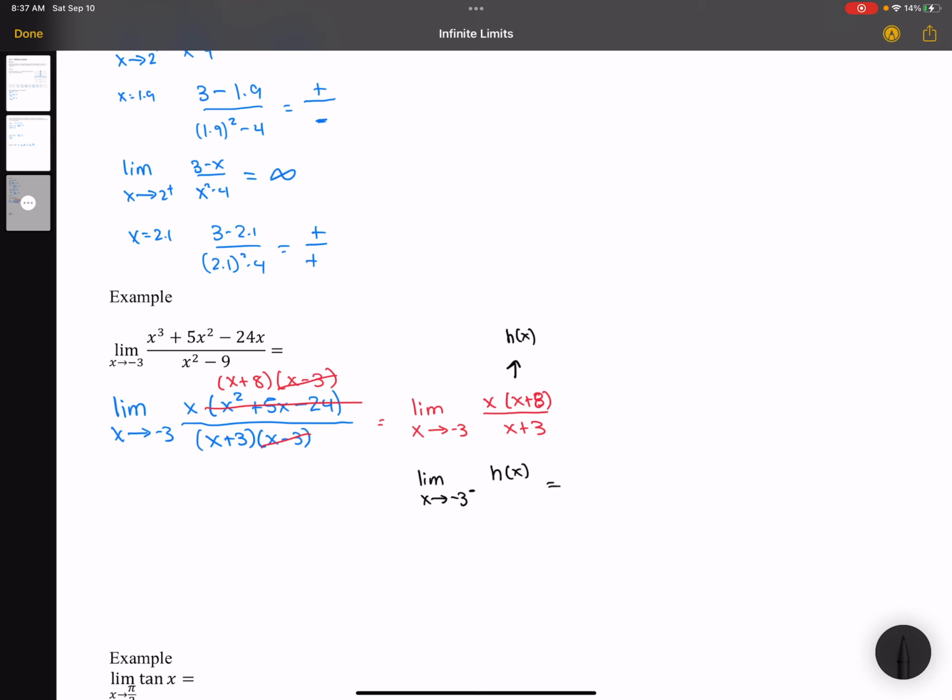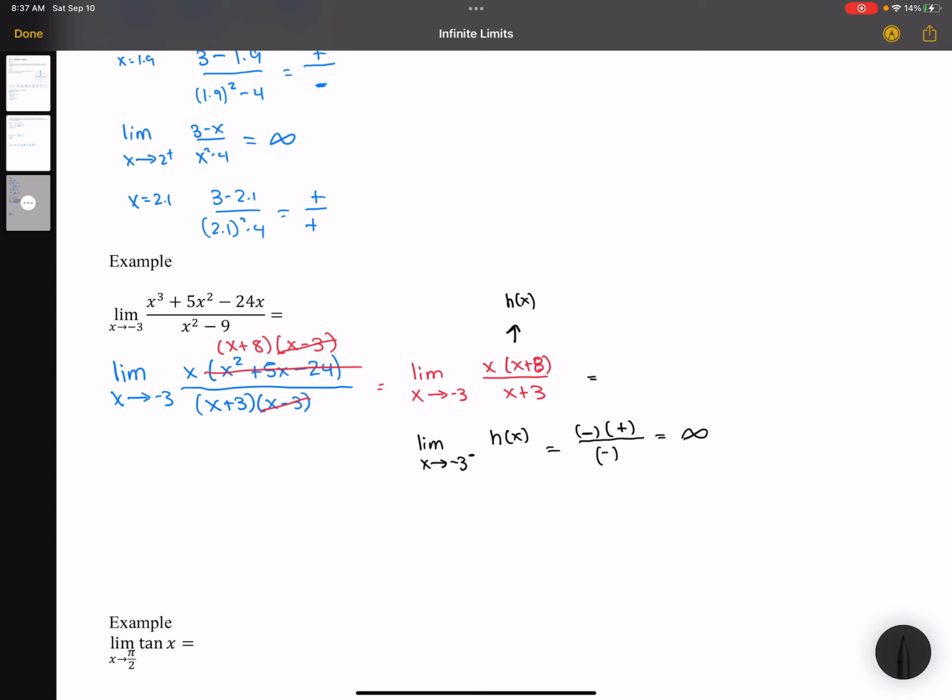So if we are using a value slightly less than -3, say negative 3.1, that's going to give us a negative value times, negative 3.1 plus 8 is a positive value, and then negative 3.1 plus 3 is a negative value. So that is going to give us a negative times a positive, which is a negative value, divided by a negative, is going to indicate positive infinity.